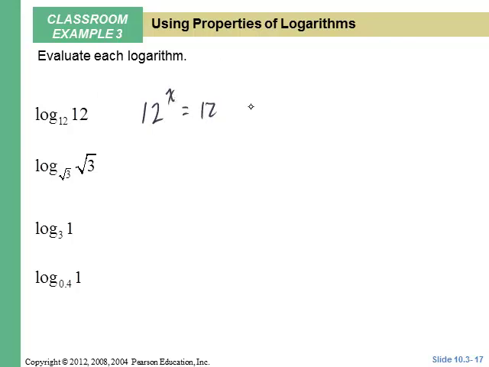Well, obviously, that's 12 to the 1st. So we would say that's 1. Whenever these two are the same, the answer is 1. Any base to the 0th power is 1.